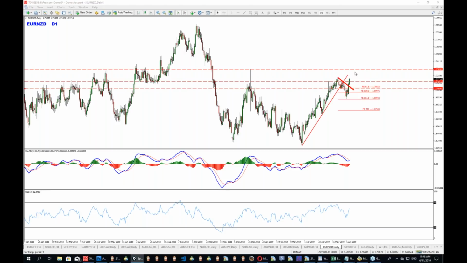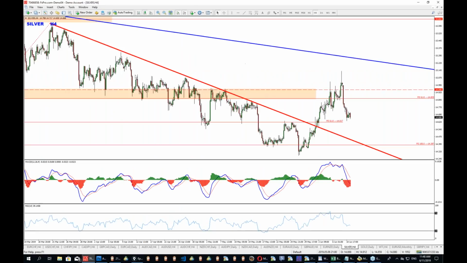Back to the original plan here after the breakout. Silver is following also the idea. Basically, we wanted to see a push, breaking, pushing higher to complete the impulsive wave, and also to create the momentum above that zone.